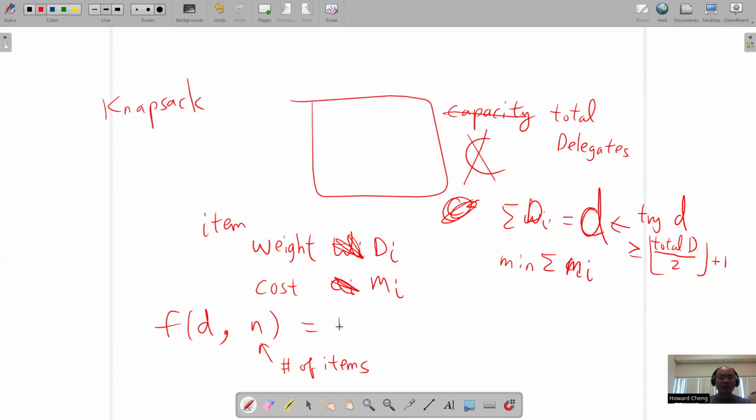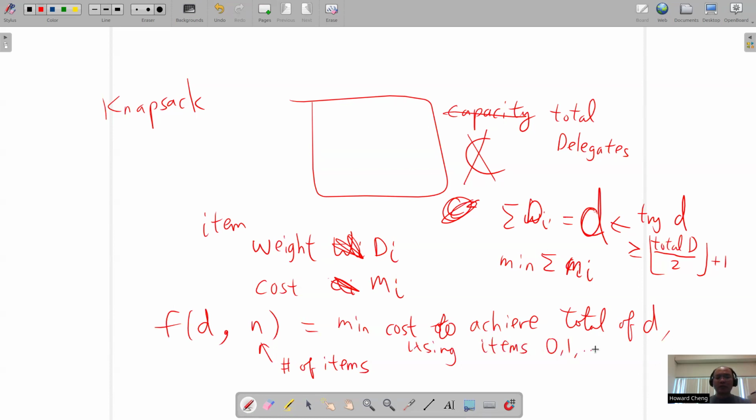It's the min cost to achieve total of d using items 0, 1 up to n minus 1. Okay, this is a standard knapsack problem, two-dimensional.